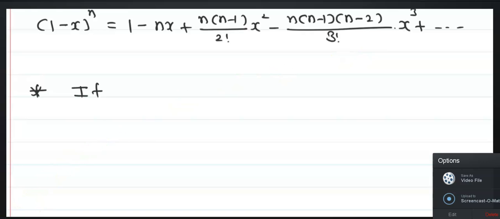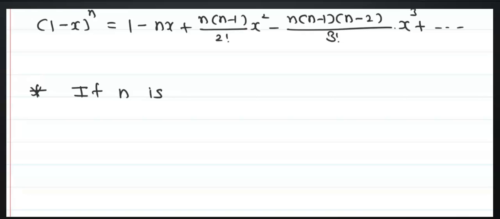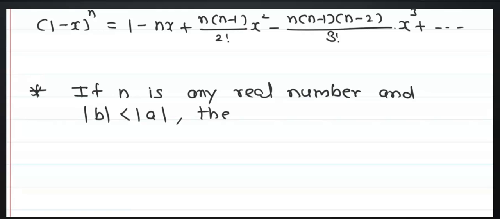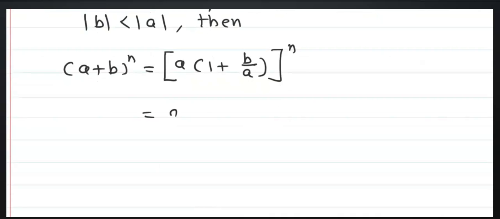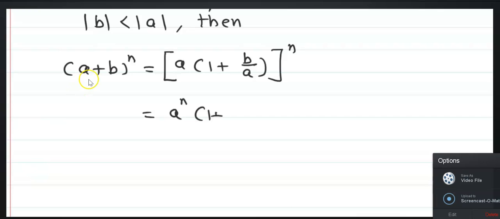Now next, if n is any real number and mod of b is less than mod of a, then (a plus b) raised to n is equal to, now how it is written, take a as common. This type of example we will solve in the exercise.